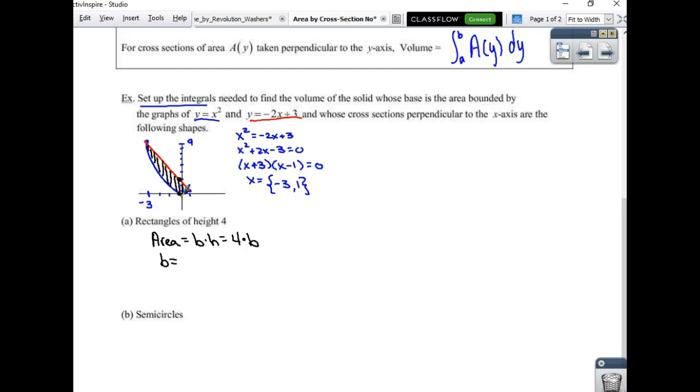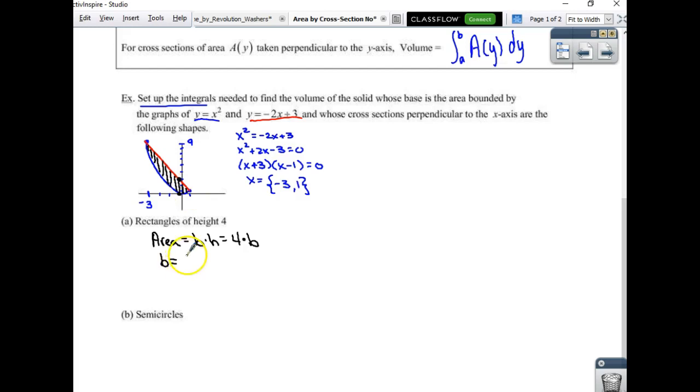In this case, it depends on where on the x-axis I am, because if I'm close to this side, it's not very big at all. But as I get towards the center, it gets larger and then shrinks. That's going to be determined by how far apart the linear negative 2x plus 3 is from the quadratic x squared. So I just have to write a function that works for that.